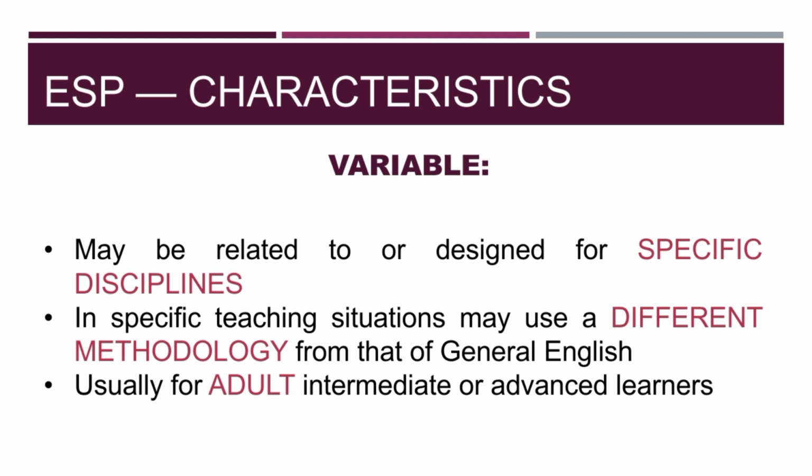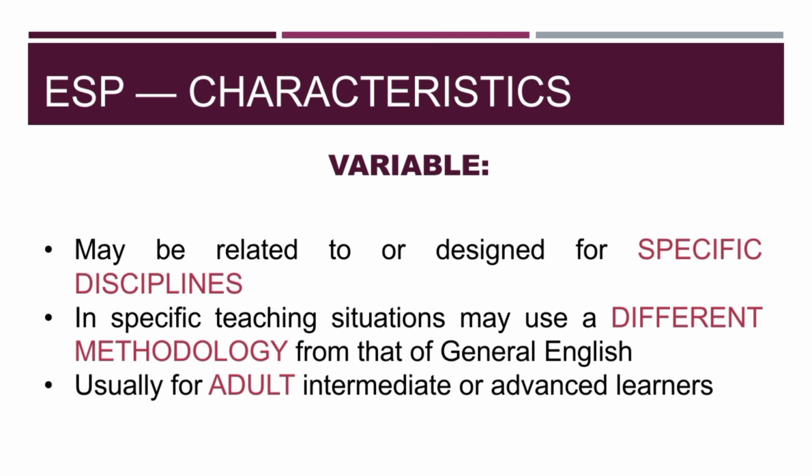And the last but not the least variable characteristic is that ESP is usually for adult, intermediate, or advanced learners. This characteristic highlights that ESP courses are typically designed for adult learners who already possess a foundation in English language skills. The English for specific purposes learners typically have intermediate or advanced levels of English proficiency.